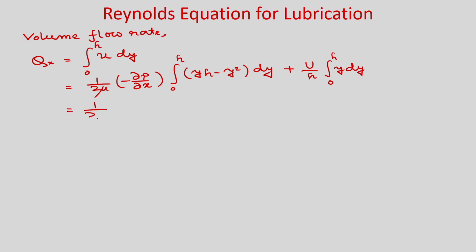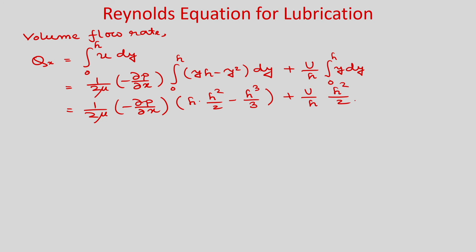So, 1 by twice mu minus del P by del x. If you integrate this, you will get y square by 2, and if you put the limits 0 to h, you will get h square by 2. So, you will get h into h square by 2, and it will be y cube by 3, so minus h cube by 3, plus U by h, and it will be y square by 2, so h square by 2.